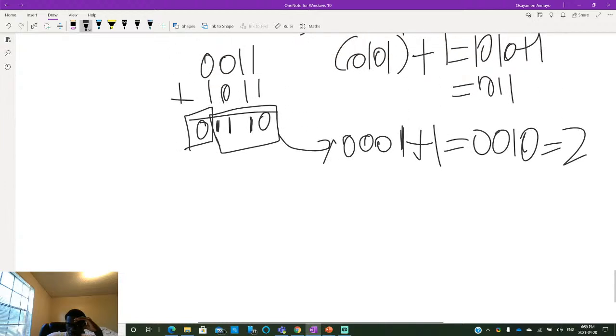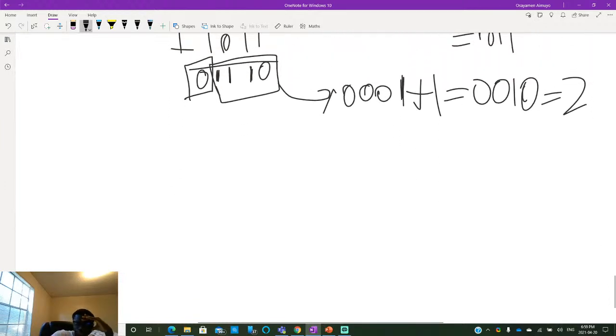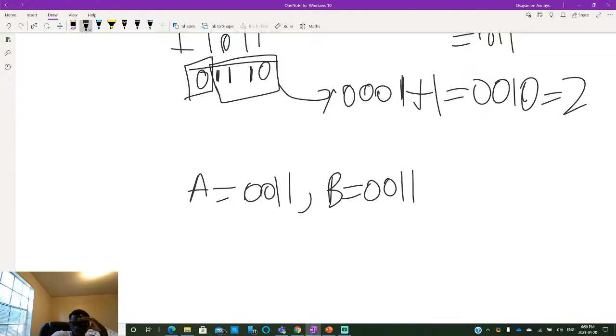So let's try one more case. A equals B, just for good measure. Okay, so if it performs two's complement on this as well, that should yield 1, 0, 1.